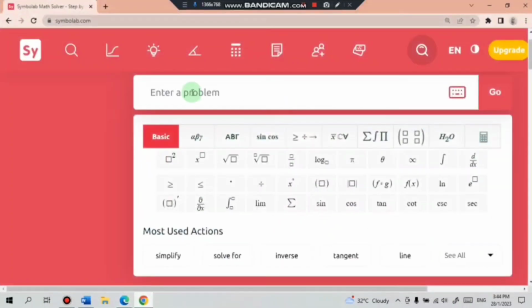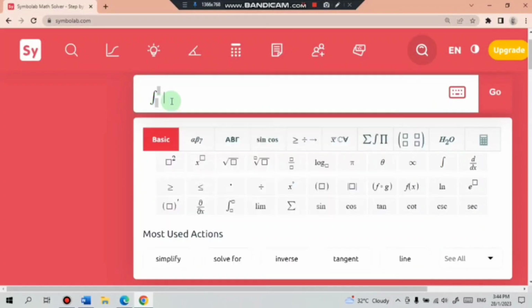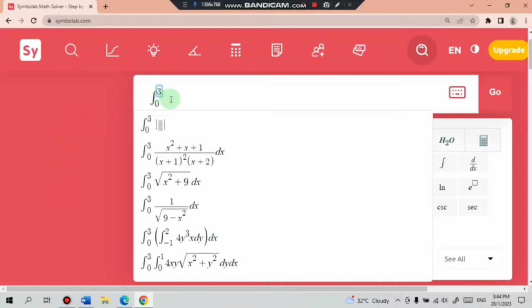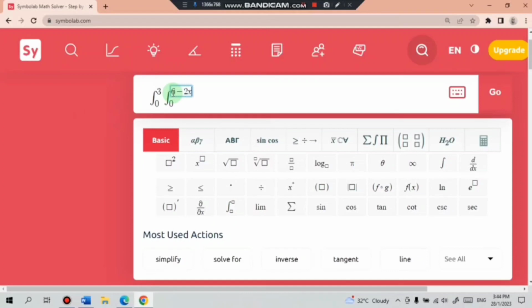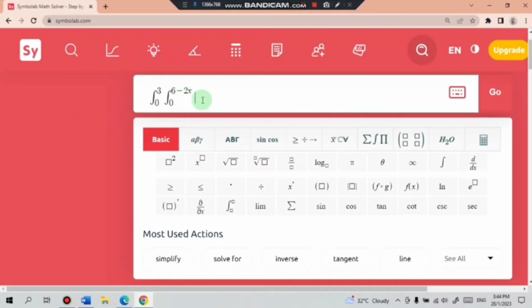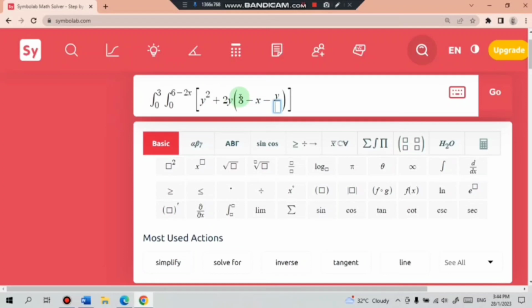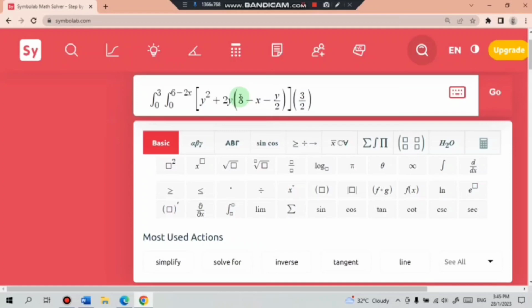So for the equation in SymboLab, the integral x limit is from 0 to 3, and then the integral y limit is from 0 to 6 minus 2x, and then we insert the given equation, which is y square plus 2y times z, where the z value is (6 minus 2x minus y) over 2, times the dS value, which is 3 over 2, integrated by dy dx.